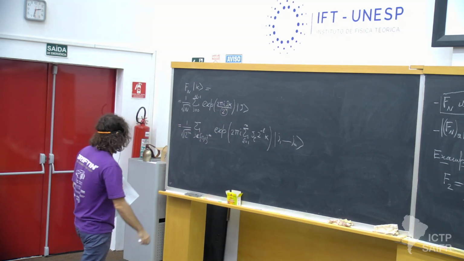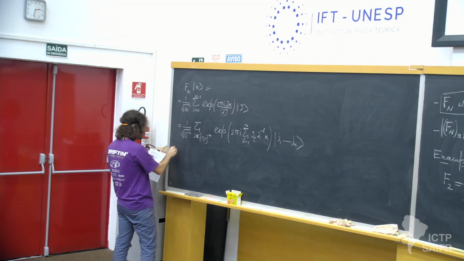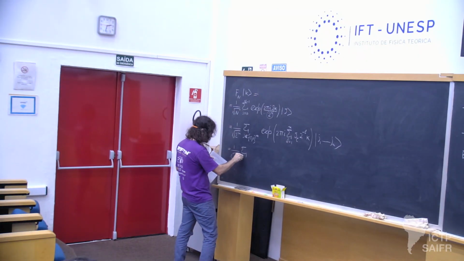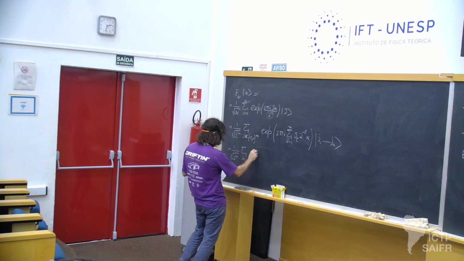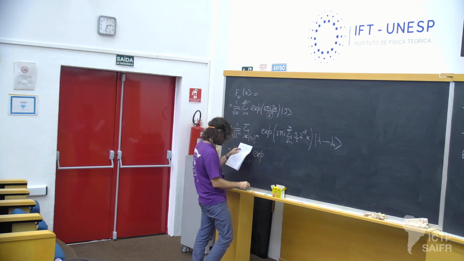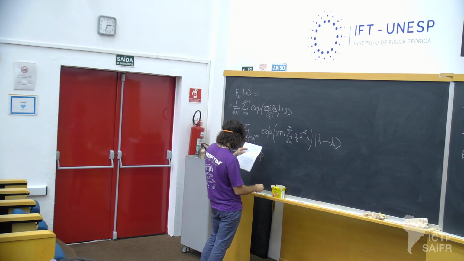Then I go forward. The formula looks ugly, but the final point will be nice, so be patient. This becomes 1 over square root of 2^n, summation over all the possible j belonging to {0,1}^n.